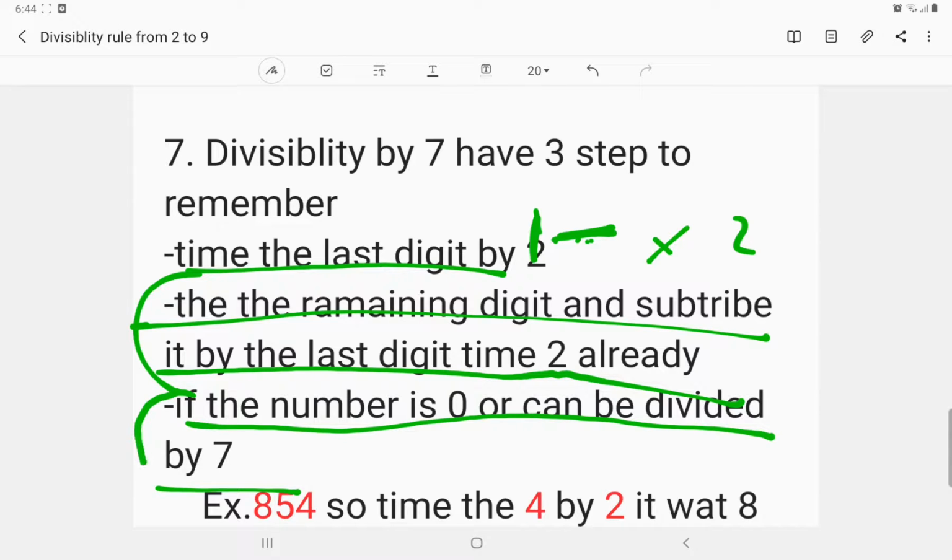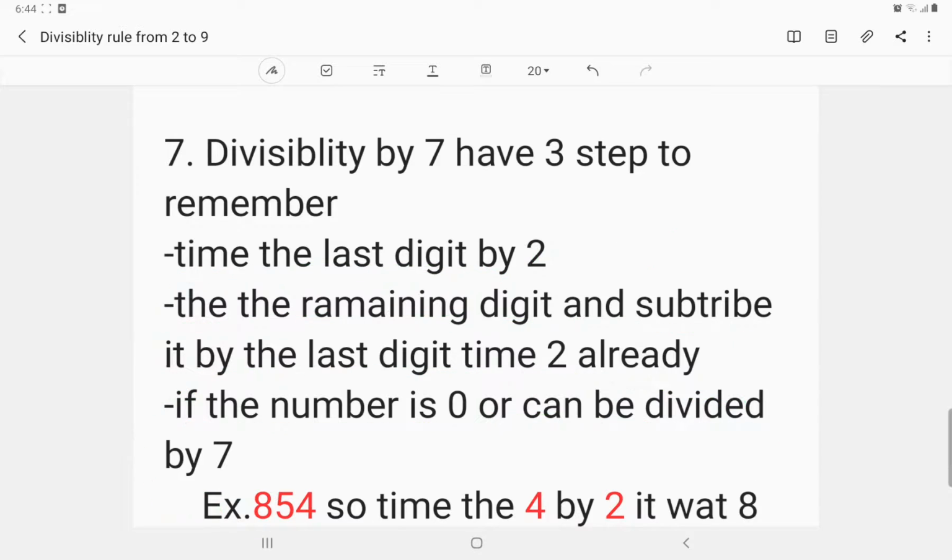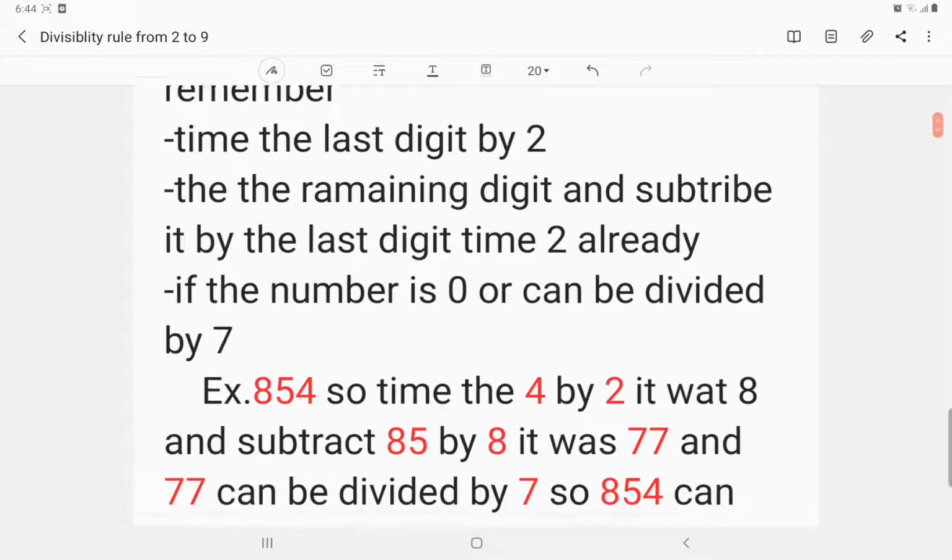The third step: if your answer from the second step is equal to 0, or the answer can be divided by 7, then the whole number can be divided by 7. Still simple and easy.